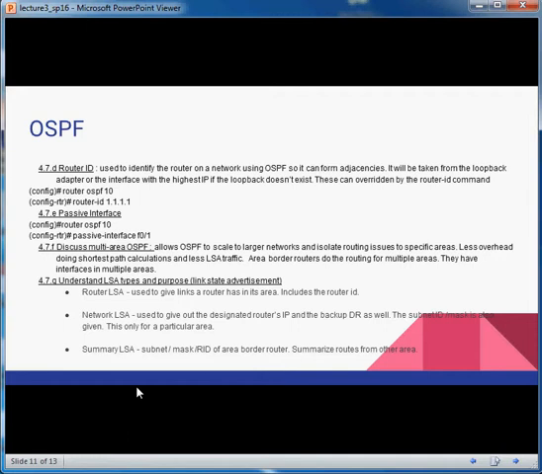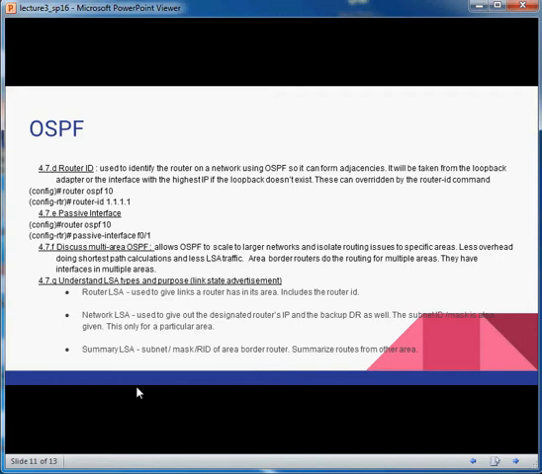Now, with OSPF, each router in your area is going to be distinguished by its router ID. By default, it's going to take the highest IP address of your router. This is a little unpredictable in some cases, because your IP addresses are not really used for OSPF per se. They're used for how you control the flow or organize your network.